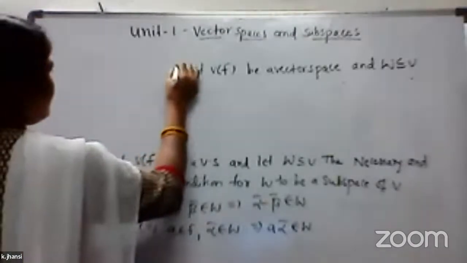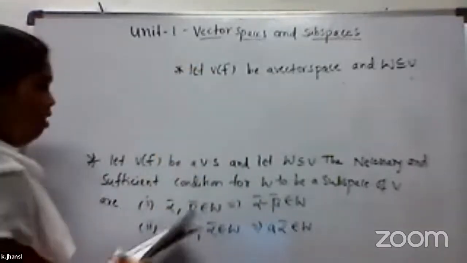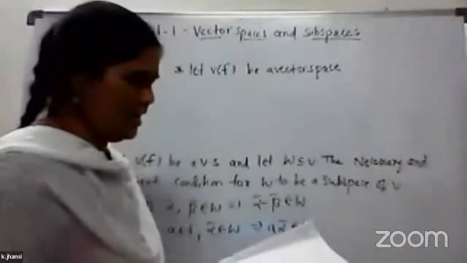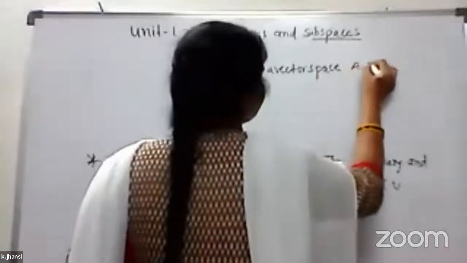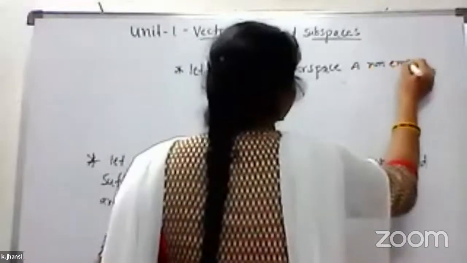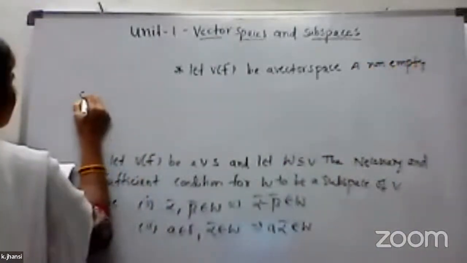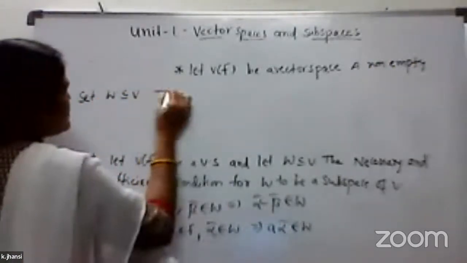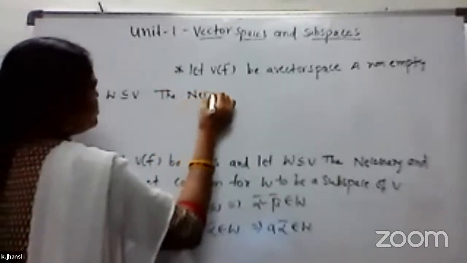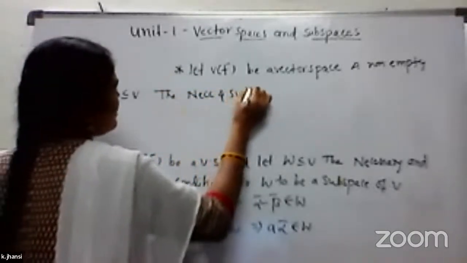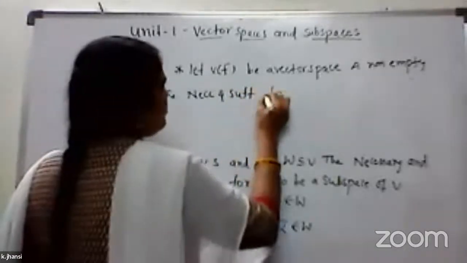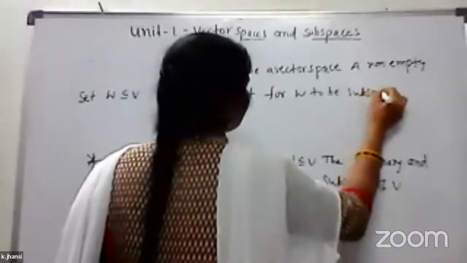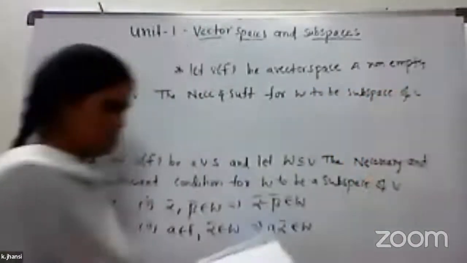Let V of F be the vector space, and here a non-empty set W is a subset of or equal to V. So here I am writing the shortcut necessary and sufficient condition for W to be a subspace of V. Okay.